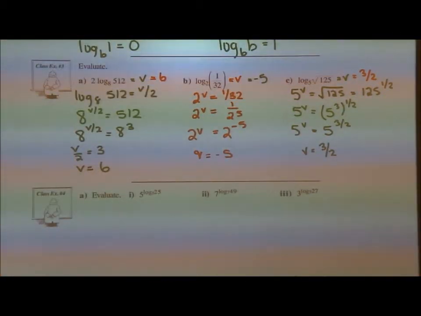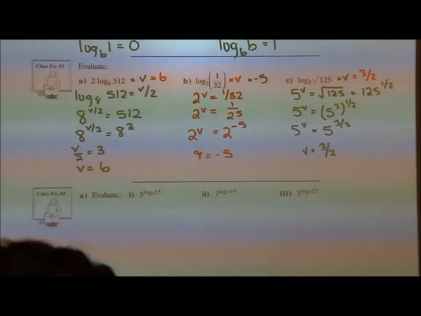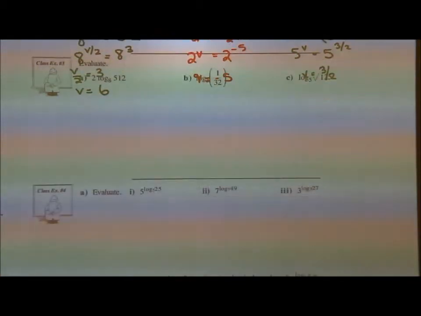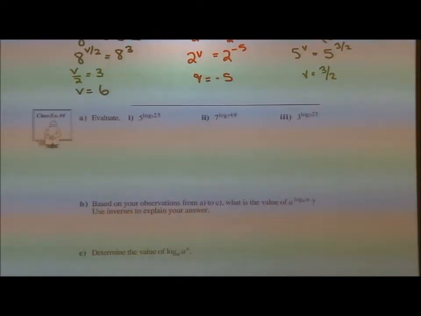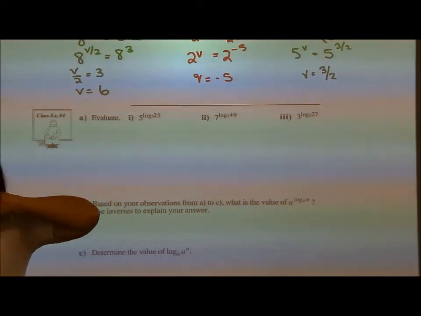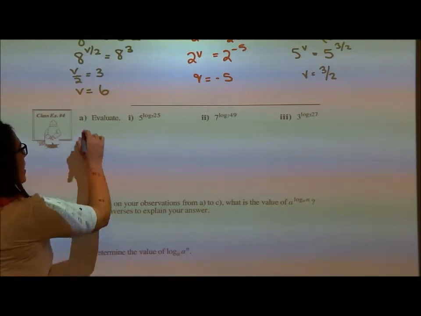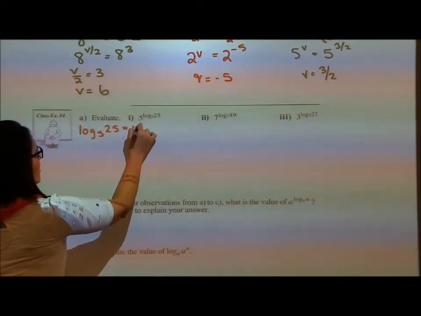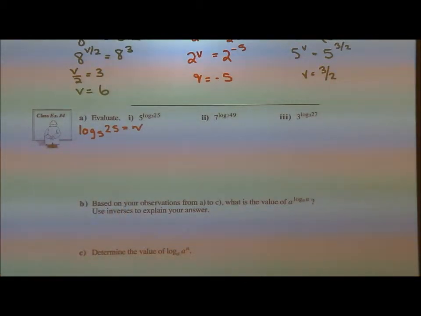Okay, so we have one last set of examples, and then I'll give you some practice questions to work on. So if I have 5 to the power of log base 5 of 25, what I want to do right here is concentrate on the log base 5 of 25 and figure out what the value of that is. So we go through the same process that we did before.